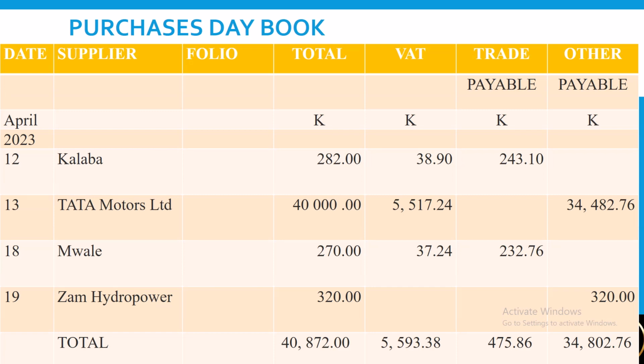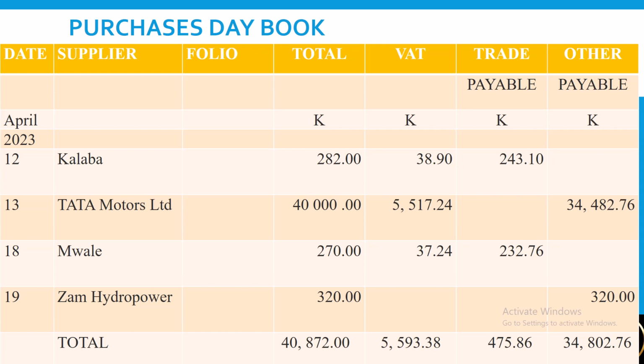Now we need to find out what is the VAT component in there. So here we apply the VAT fraction because this is a VAT inclusive amount. It means that to get the VAT, the 38 kwacha 9 ngwe, you multiply 282 kwacha by 4 divided by 29, which is 16 over 116 in simple terms.